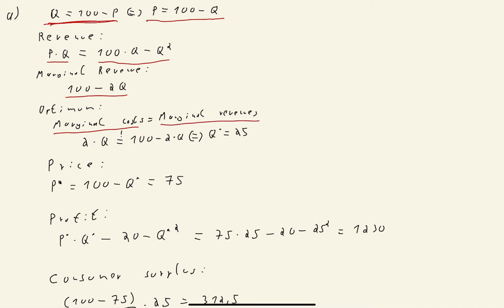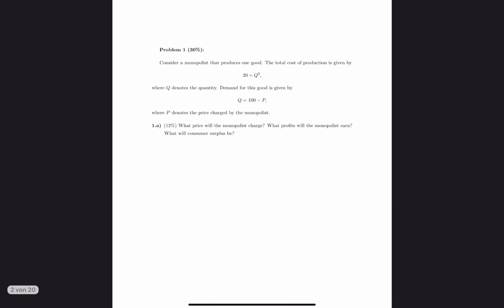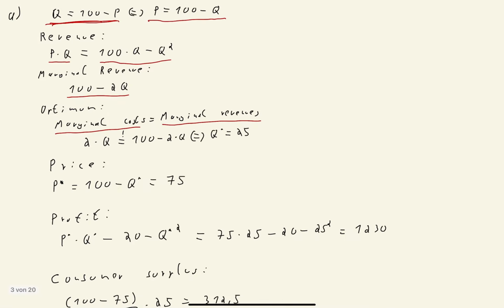The cost function is 20 plus Q to the power of 2, so 20 is the fixed cost, and this doesn't matter for the marginal costs. Taking the derivative of Q squared gives us 2Q, and 2Q should be equal to 100 minus 2Q. Solving this yields the optimal quantity Q star equal to 25. This is the profit maximizing quantity for the monopolist.